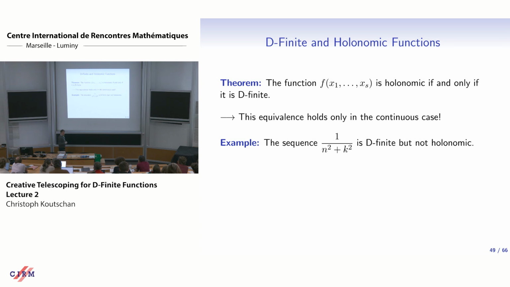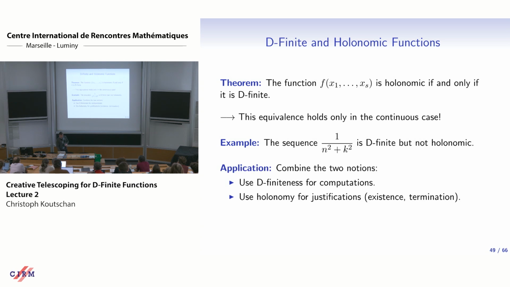If you take this simple rational function, then because it's a rational function, of course, you can write down a recurrence in n and a recurrence in k, and so it is clearly D-finite according to our definition. But if you do a little calculation, it's not so difficult to see that it will not fit into this holonomic definition. So one has to be a little bit careful.